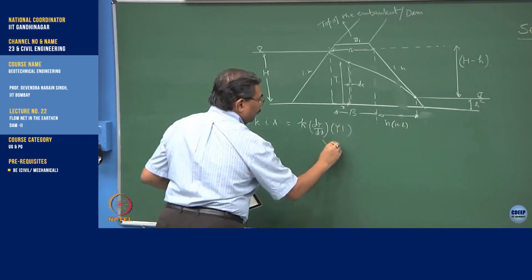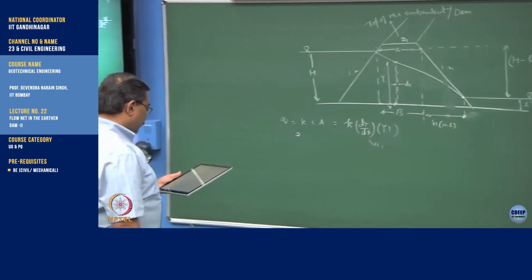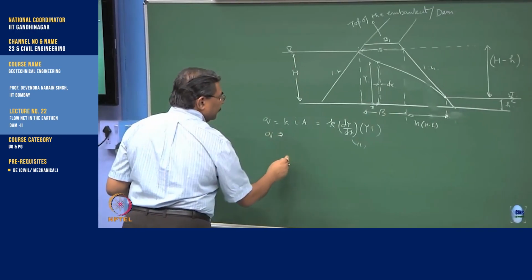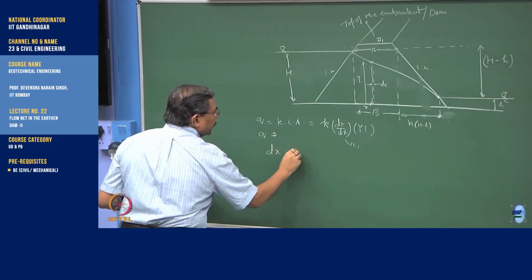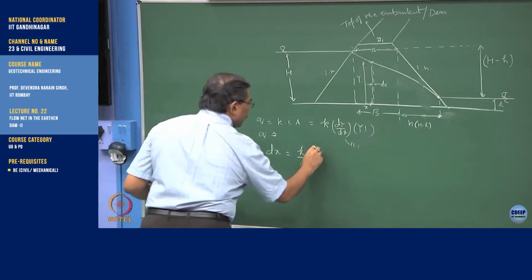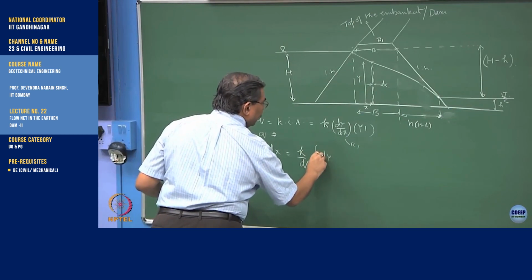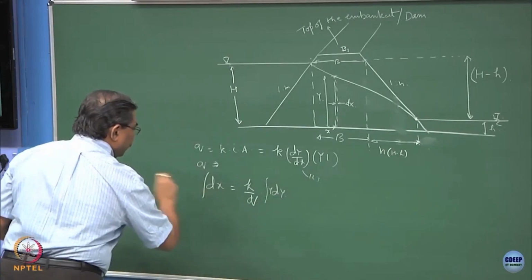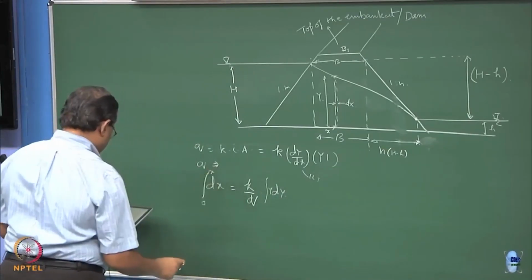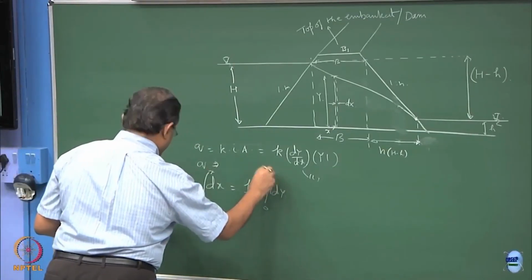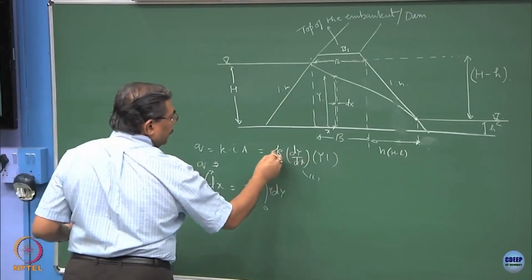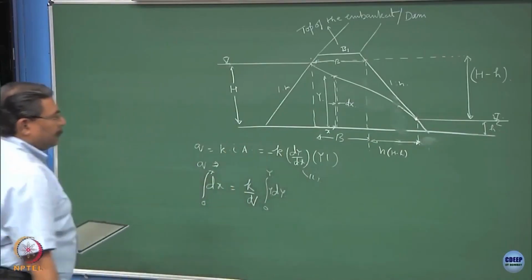This is the slope of the phreatic line, and if I integrate this function, I will be getting dx equal to k by q into y dy, so 0 to x and this is 0 to y. When I am writing dy by dx, please be careful with the sign, this will be minus.